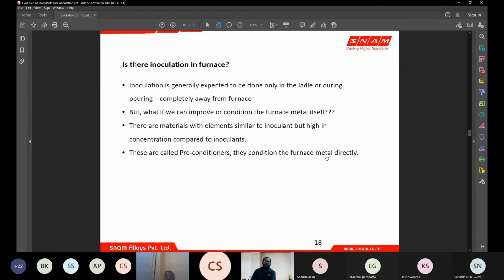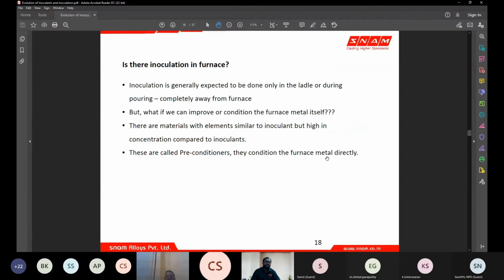This way, in the long run, you are not just getting the metallurgical benefit in the performance of the inoculant, you can also have some economic or cost benefit out of it. In the long run, if your metal is good, then your inoculation demand from the metal comes down, and you can reduce your inoculation addition rate also.